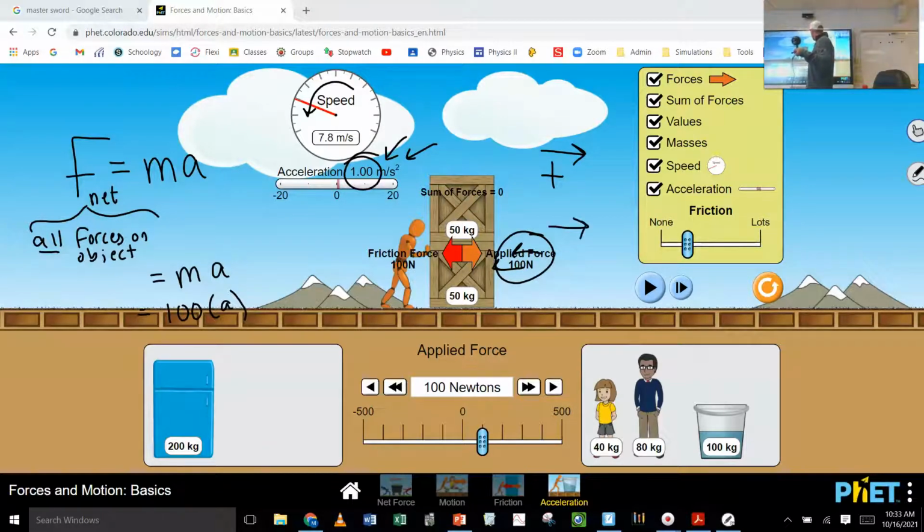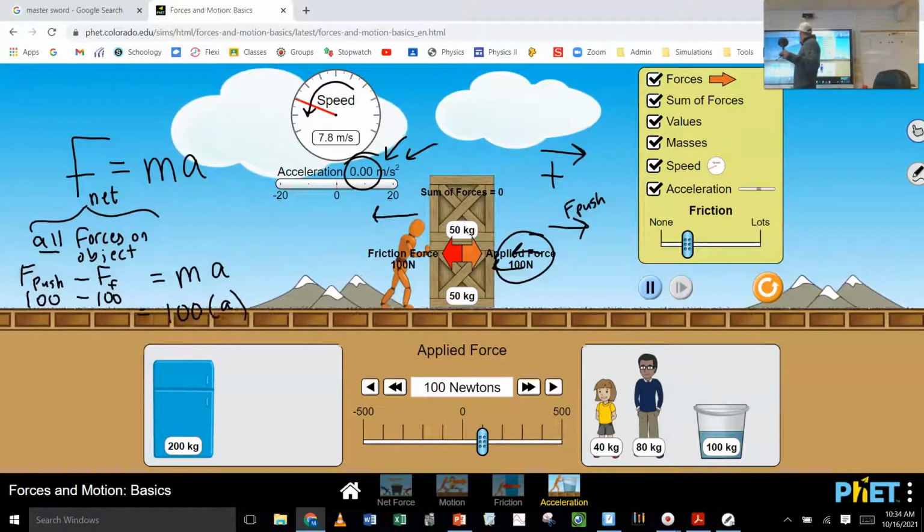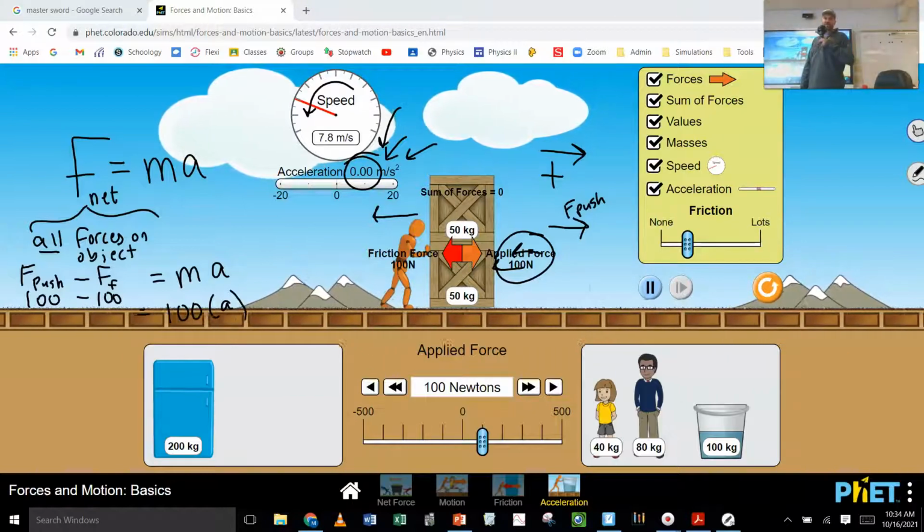I'm pushing it forward at 100. And friction is opposing me at a negative 100. So 100 minus friction, which is 100, that's going to be 0. And then 0 divided by 100 is still 0, so my acceleration is going to be 0. When I unpause this, you'll see that I'm now moving at a constant speed.